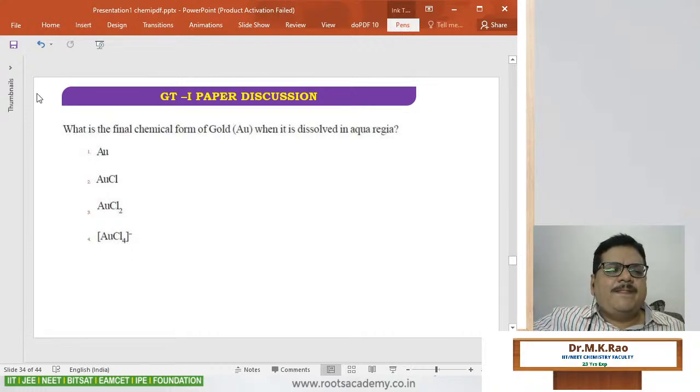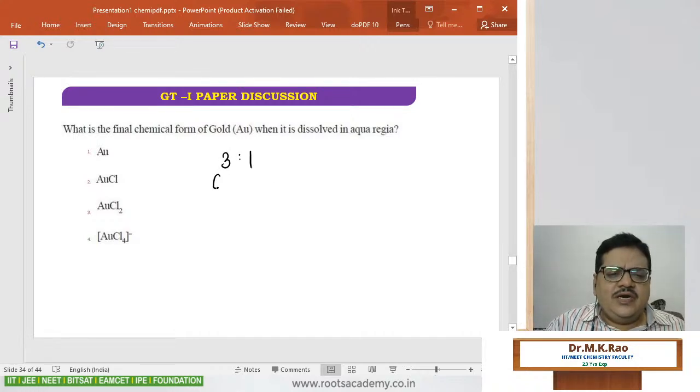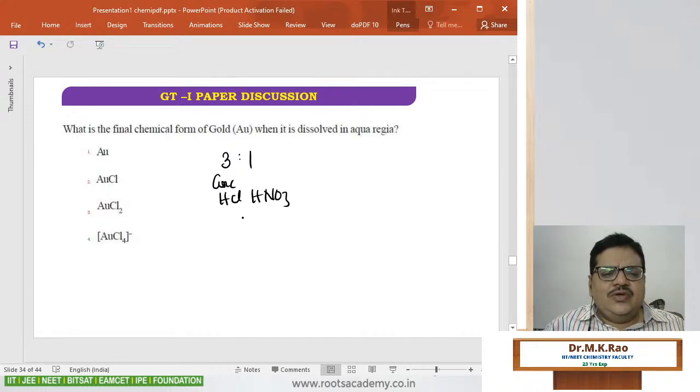AuCl4 minus. Why? Because aqua regia is a 3:1 ratio of concentrated HCl and concentrated HNO3. If 3 moles of HCl react with HNO3, it gives 2 moles of H2O plus NOCl.